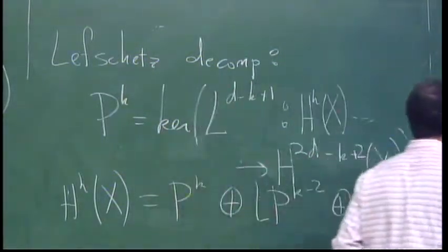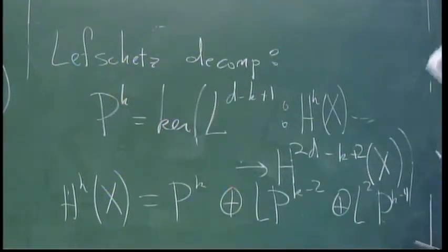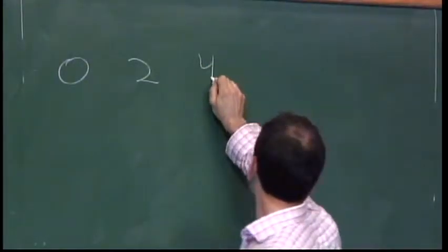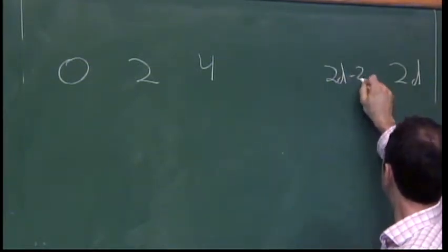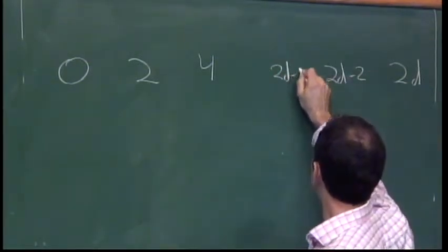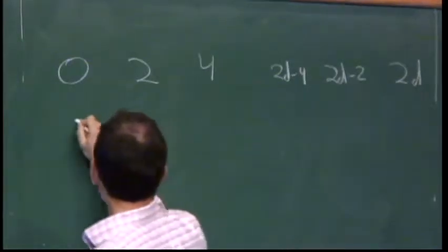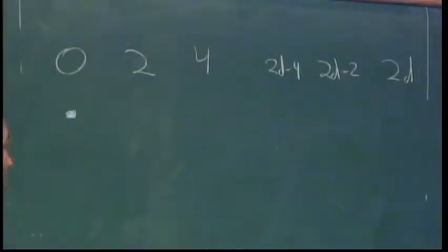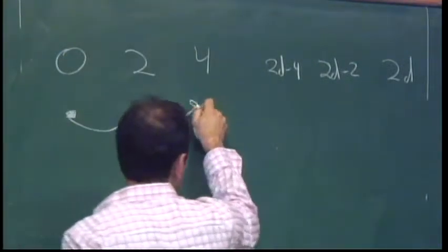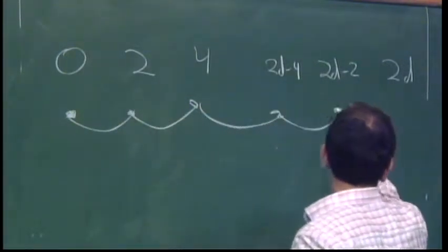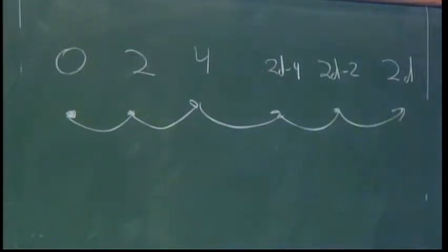Okay, we're just going to look at the even cohomology. So we're going to look at stuff in degree 0, 2, 4, 2d, 2d minus 2, and 2d minus 4. Let's say I start with some cohomology class in degree 0. I start applying L to it. I know it's going to survive all the way to the top dimension.